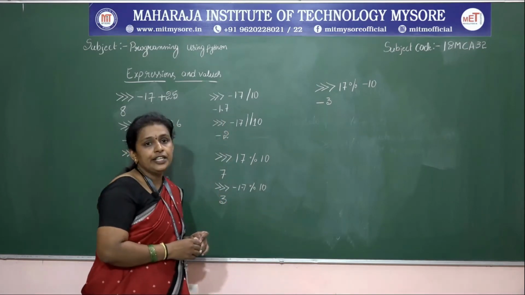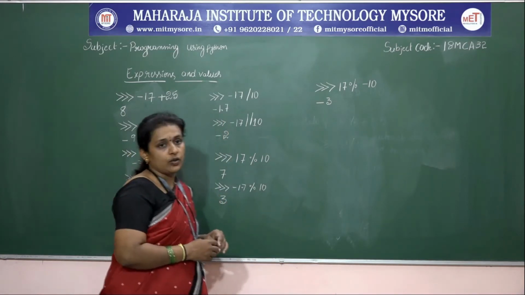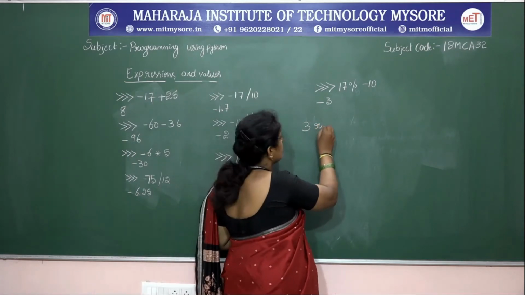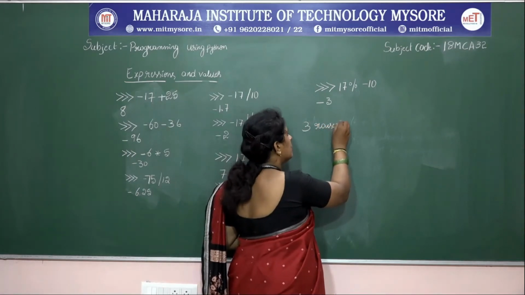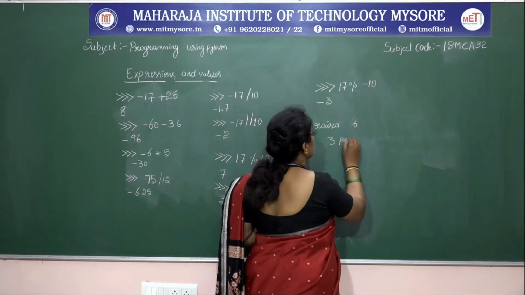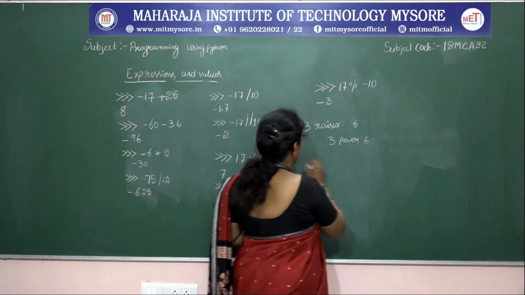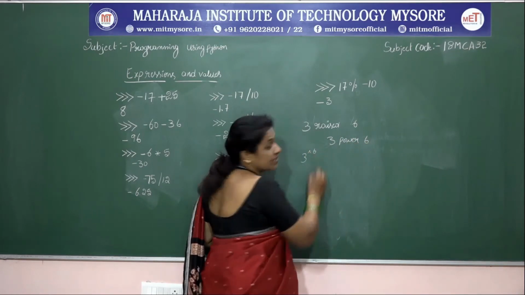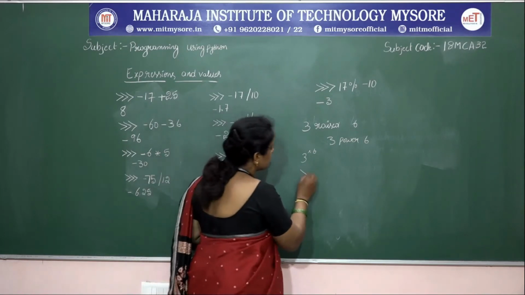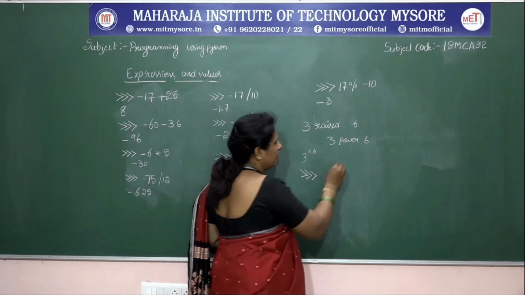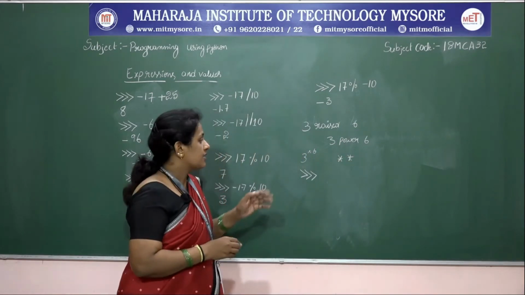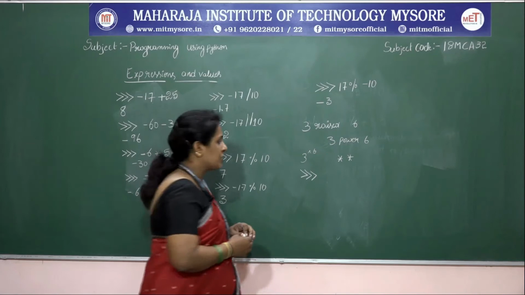So now I need to perform some power operations. Okay. For that I need 3 raised to the power 6. Usually we write it as 3 power 6, right? With respect to Python, you can use 2 stars, and 2 stars represent the power operation.